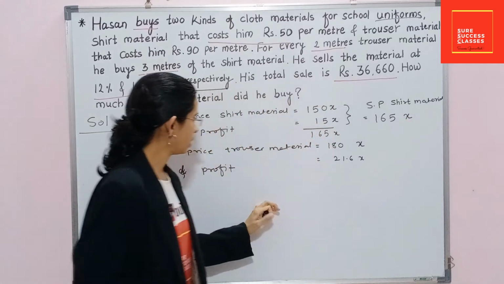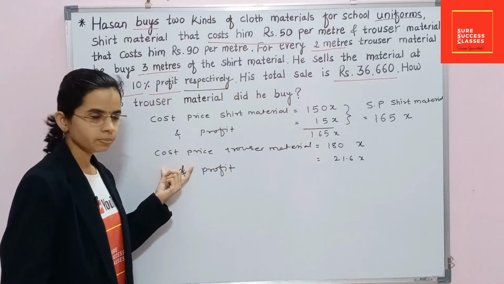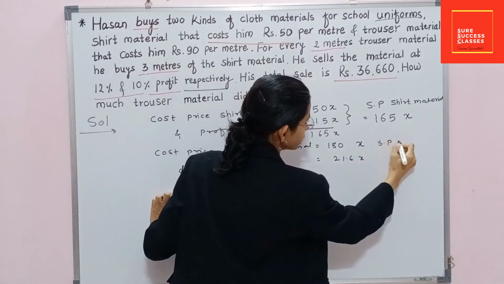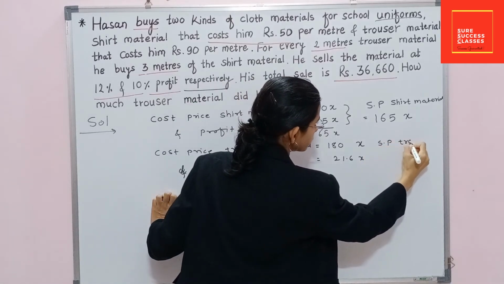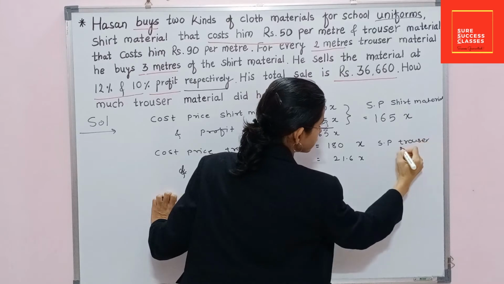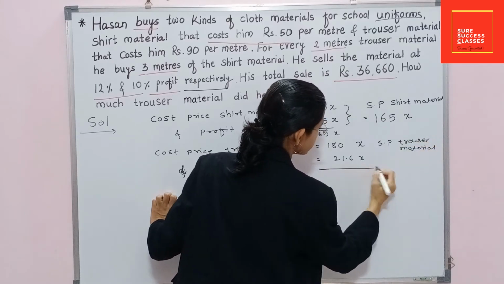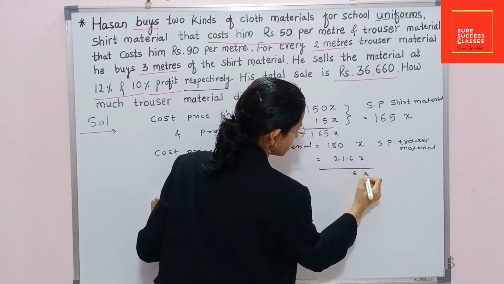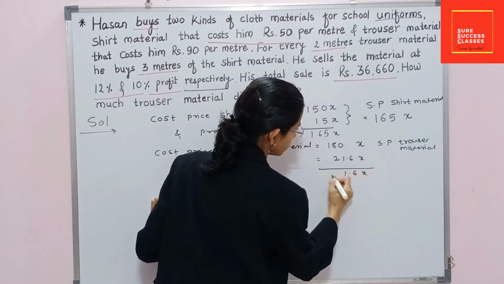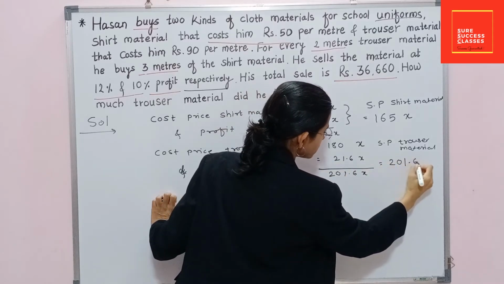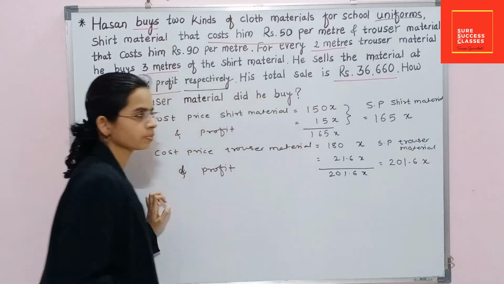165x. And selling price for trouser material is equal to, point remains as it is, 6, 1, 0 and 2, 201.6x.